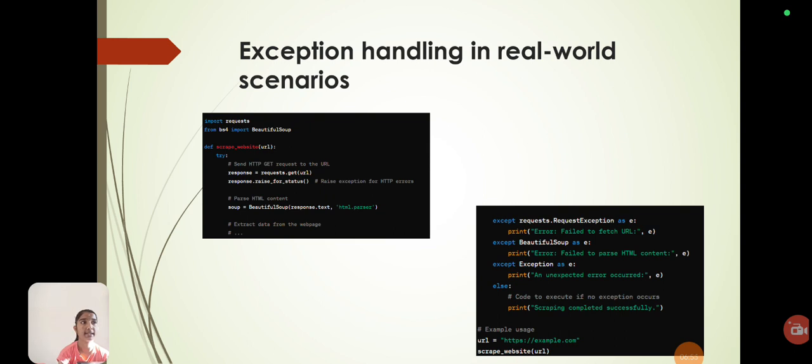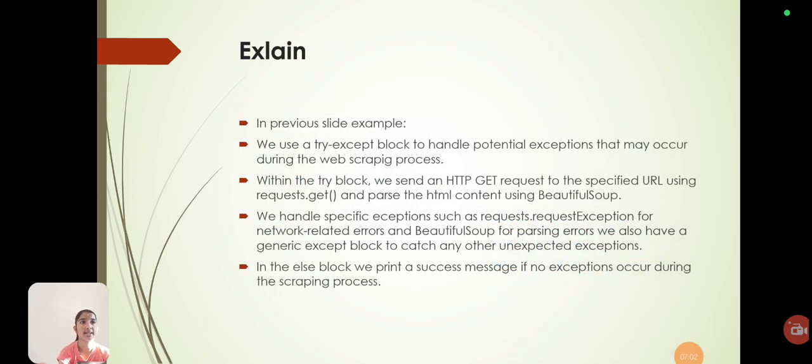Exception handling in a real-world scenario. In the previous slide example, we use a try except block to handle potential exceptions that may occur during the web scraping process. Within the try block, we send an HTTP GET request to the specified URL using requests.get, and parse the HTML content using BeautifulSoup.